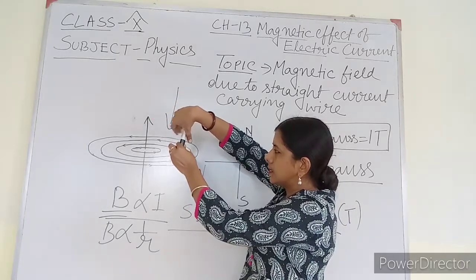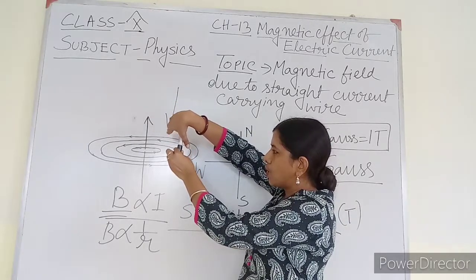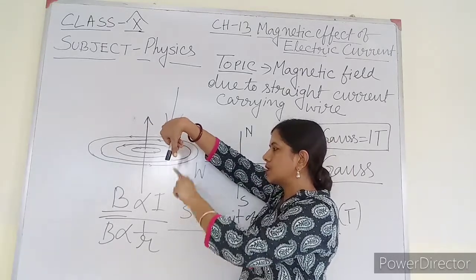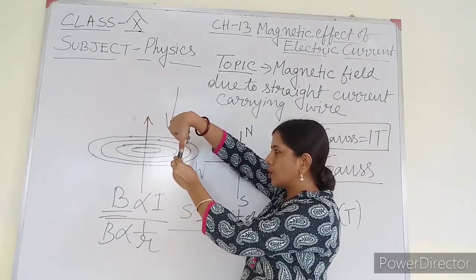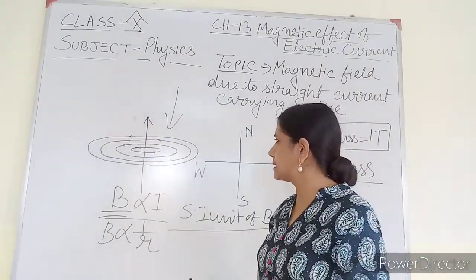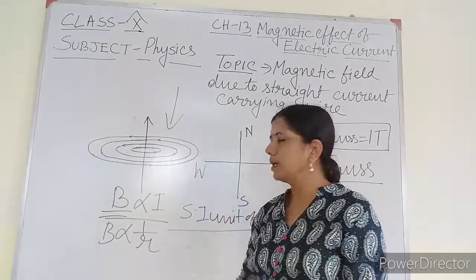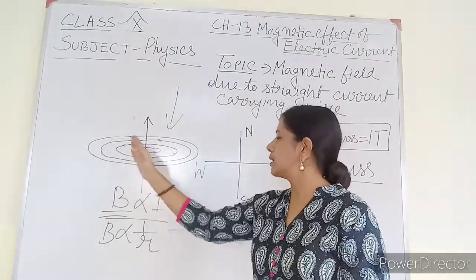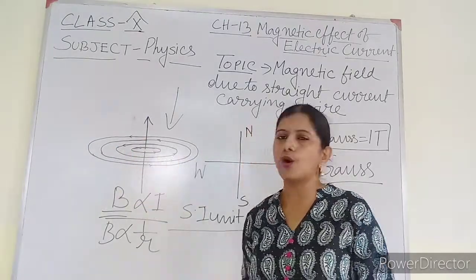The hand is curling in clockwise direction. This is towards south and this one is clockwise direction. So using right hand thumb rule, I can say when the current is coming in the southward direction, then the direction of these concentric lines will be clockwise.